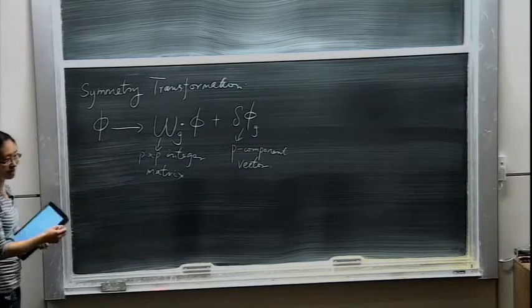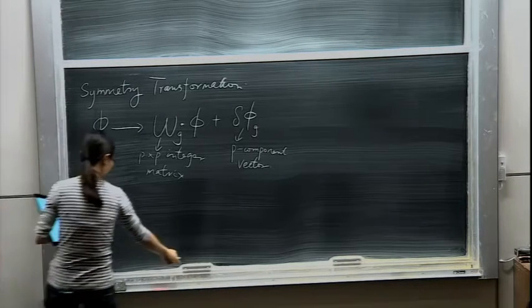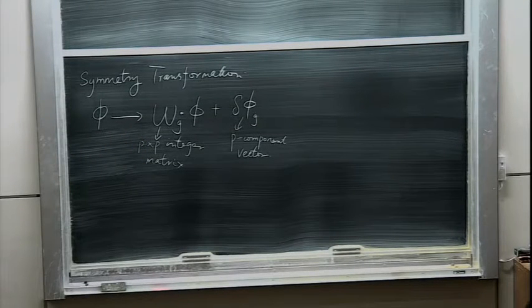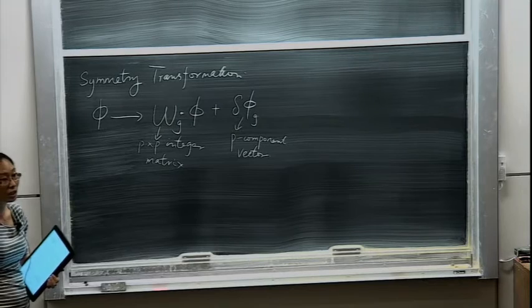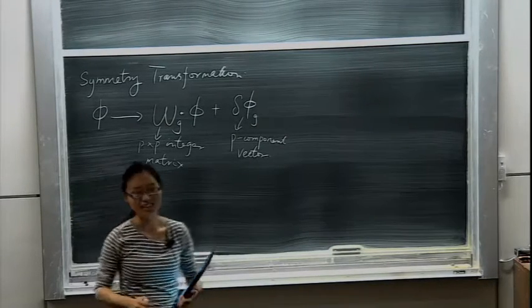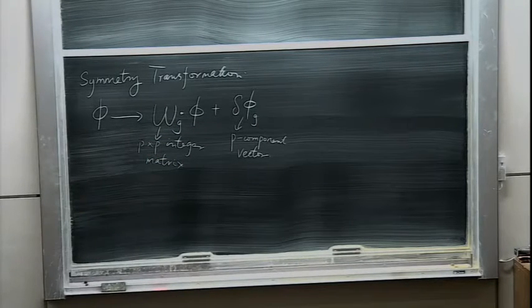So we'll see examples. Okay, so one thing I want to mention is that if we plug this transformation into here and see when this transformation is a symmetry. So first of all, we want to plug this in to here and see under what condition this Lagrangian is invariant, because then we have a symmetry of the system, right?